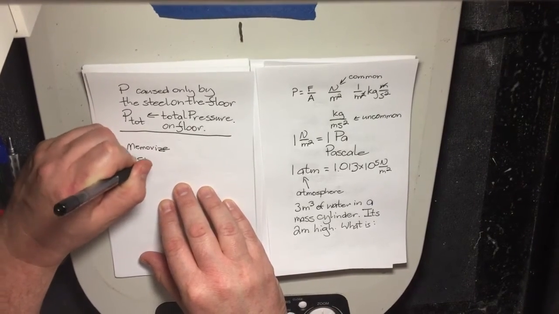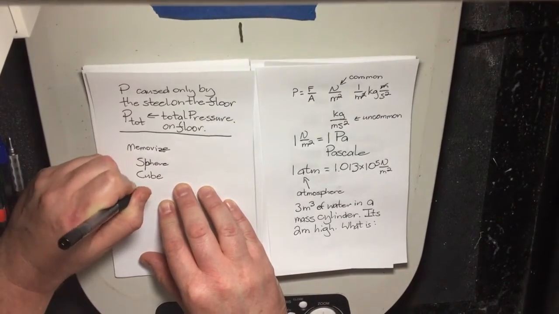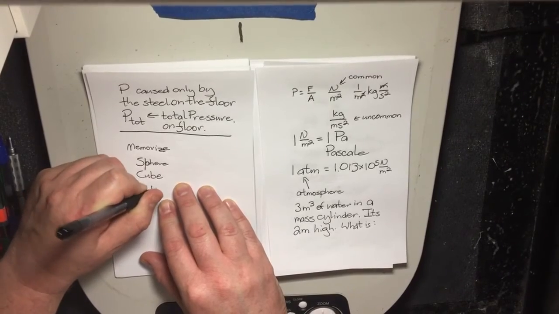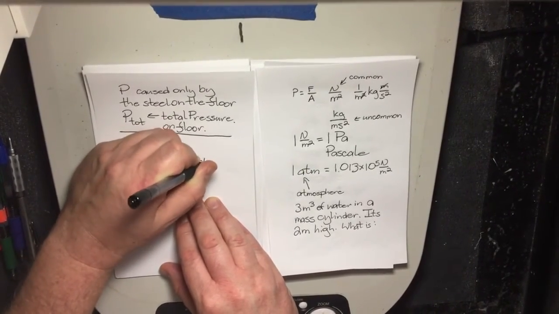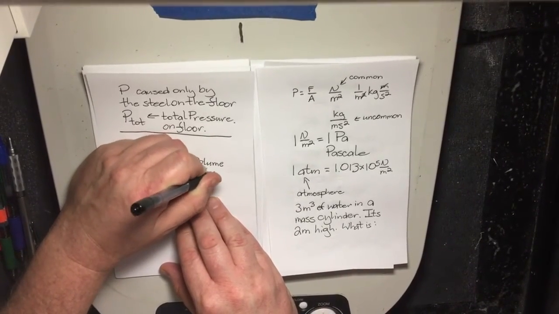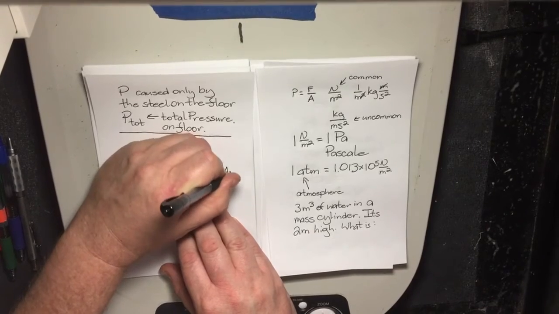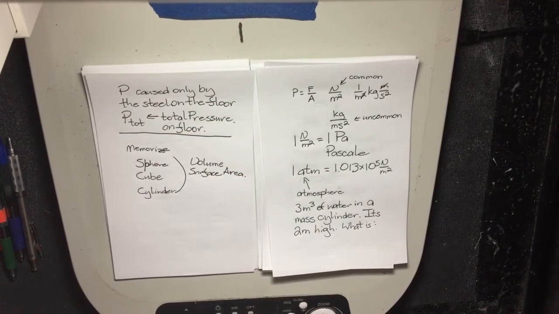But sphere, cube, cylinder, I do expect you to know the volume and surface area of these things. And why is that? It's because you're a human being, and human beings should have basic knowledge of geometric shapes.